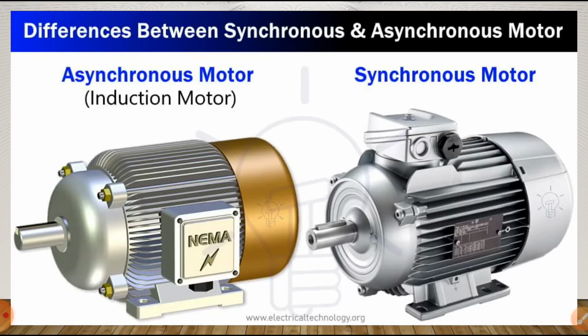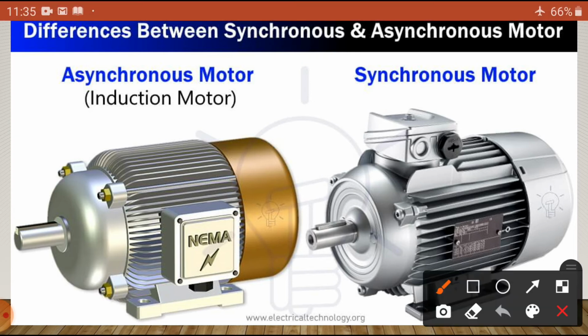So here the asynchronous motor, that is the induction motor, and the synchronous motor, as we have already seen. Externally they look the same, but the synchronous motor requires a 3-phase AC supply and also a DC supply, and it can run at synchronous speed, at constant speed.